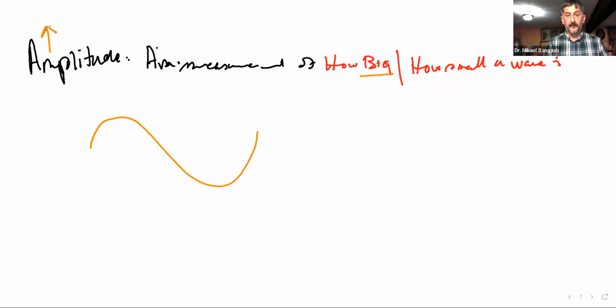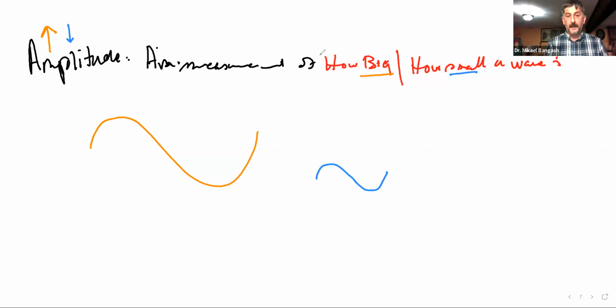And on the other hand, this wave here is a small wave because it has a small amplitude. Did you ladies get that?